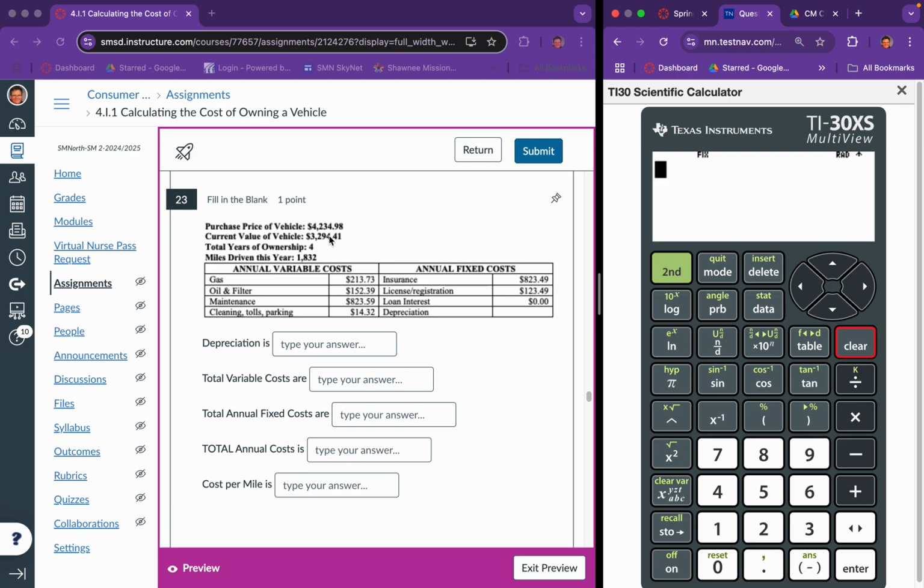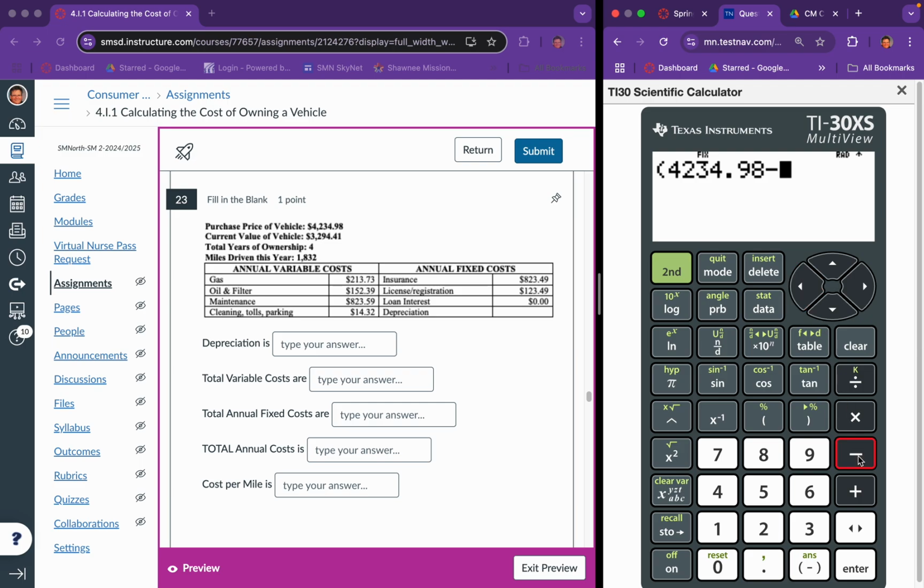So you purchased this car used at $4,234.98. So we're going to open a parenthesis, and we're going to put $4,234.98 in our calculator. We're going to go plus. We're going to go minus.